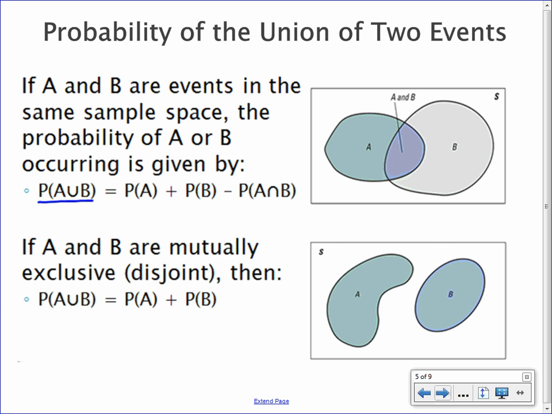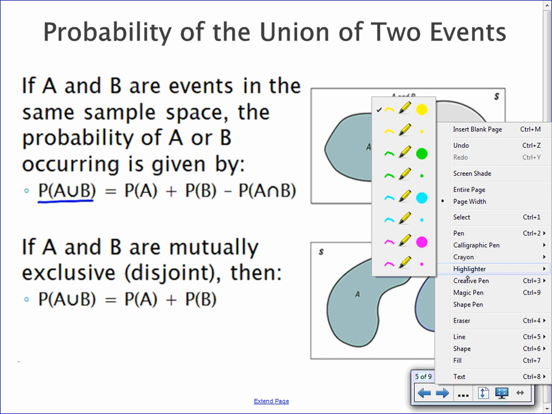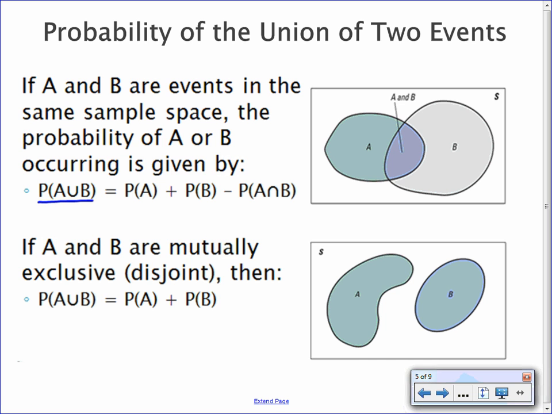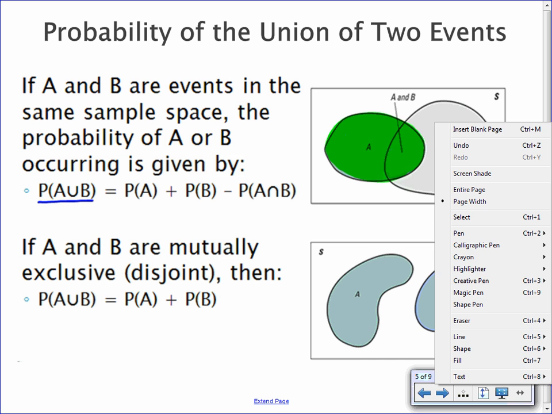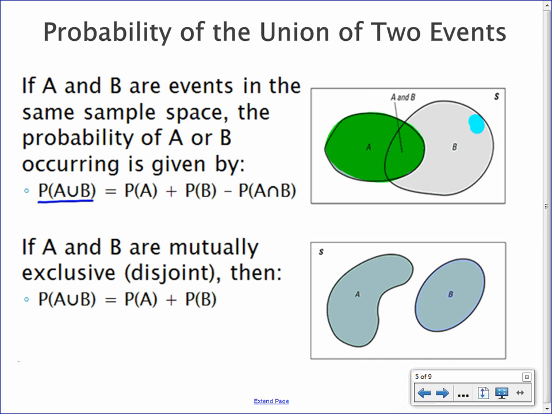Now, if they overlap, we have a problem. If I talk about the probability of A, we're talking about this right here, right? So if I take that and I add it to the probability of B, what happens? We added this space right here twice.